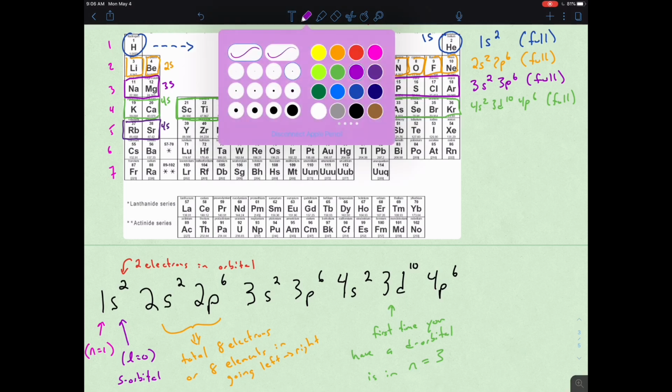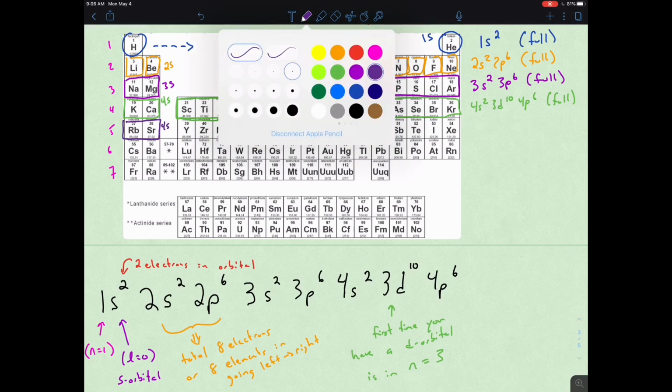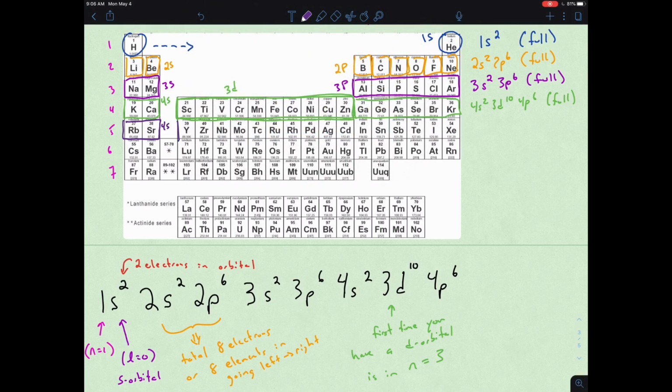We then have our 4D, and that doesn't look good, but we'll just have to remember that.